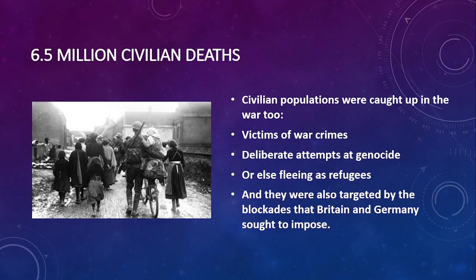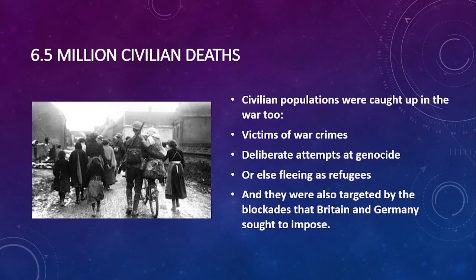Civilian populations were caught up in the war too. Victims of war crimes, deliberate attempts at genocide, or else fleeing as refugees, and they were also targeted by the blockades that Britain and Germany sought to impose. In other words, they weren't always accidents of war. They were meant to suffer.